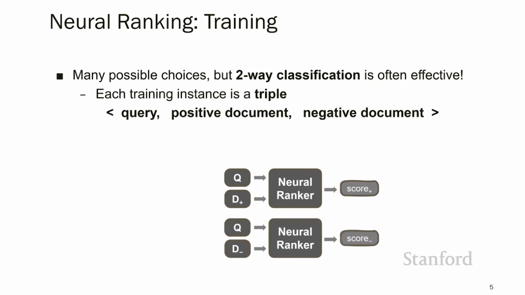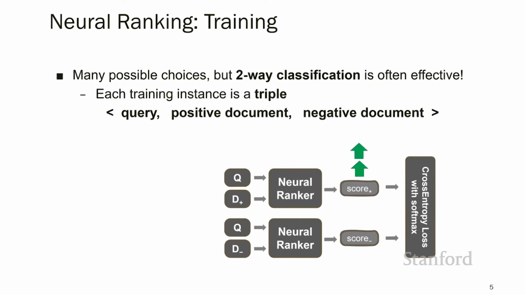And separately, we'll feed the query and the negative document to the neural ranker. And we'll optimize the entire neural network end-to-end with gradient descent using simple classification loss. In this case, cross-entropy loss with softmax. The goal here is to maximize the score of the positive document and to minimize the score assigned to the negative document.